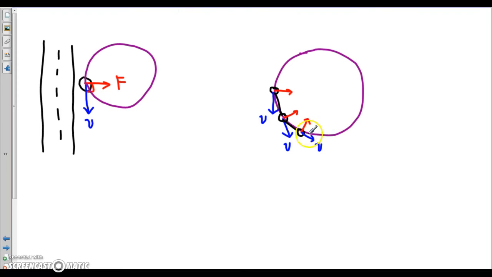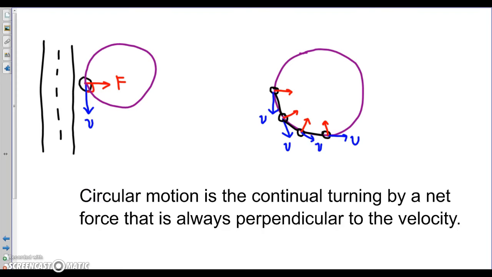And so I continue traveling along a straight line, but that straight line changes direction because you're always turning me with your perpendicular force. So as I move around this circle, the direction of velocity changes, and the direction of the force changes. So here's what we can say.